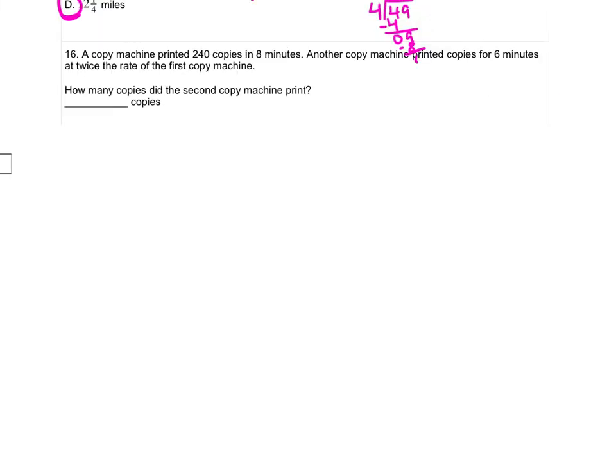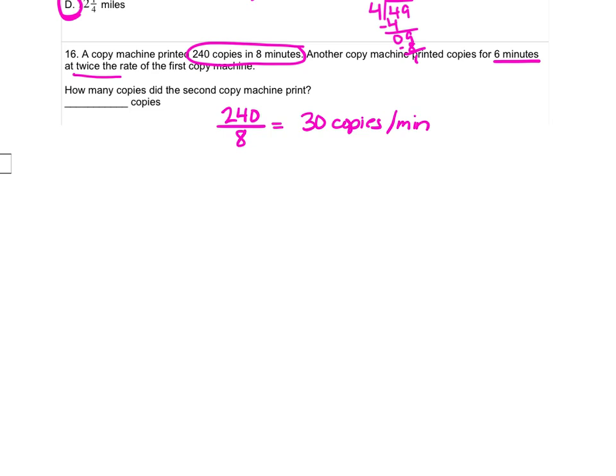Number 16, a copy machine printed 240 copies in 8 minutes. Another copy machine printed copies for 6 minutes at twice the rate. How many copies did the second copy machine print? Well, the first one was 240 copies in 8 minutes. So that would be 30 copies per minute.